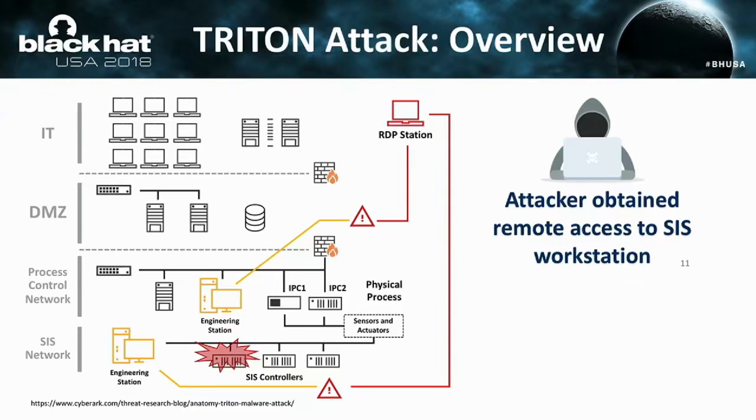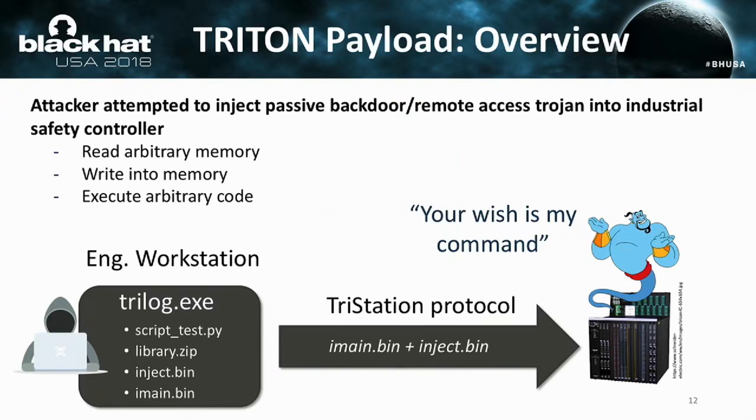So in a nutshell, what happened: the attacker obtained remote access to the safety instrumented engineering station. With that, they obtained the ability to communicate with industrial controllers, and they tried to implant the controller. So what does it mean? The attacker tried to inject a passive backdoor.